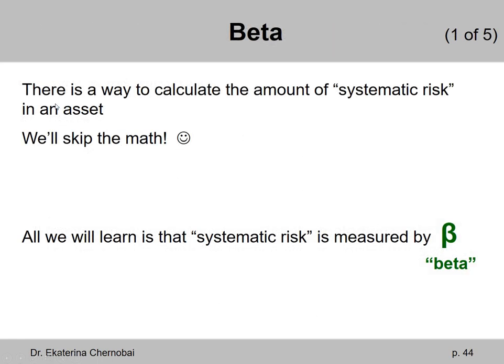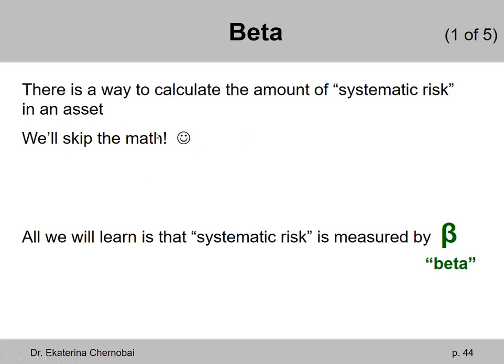In finance, there is a way to calculate precisely how much of the systematic risk, the non-diversifiable risk, the fluctuations in returns that are beyond your control, is in an asset.